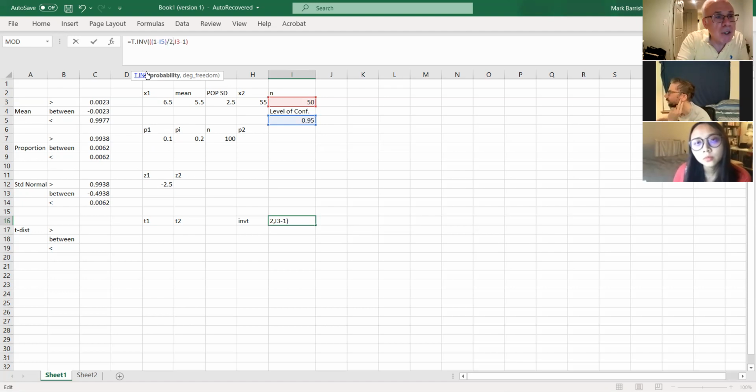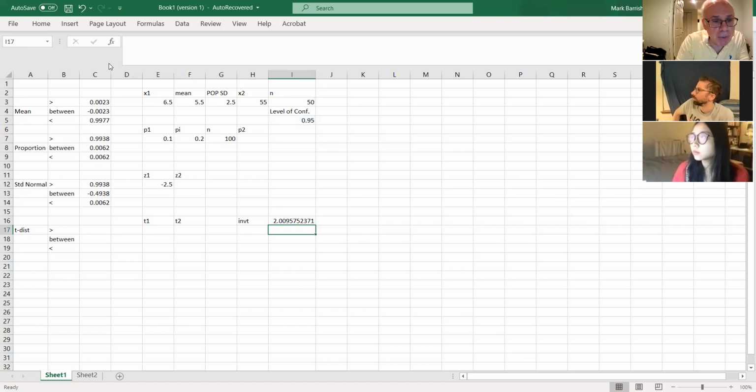Making a mess of this. And I should just put in 1 minus that, right? There it is. 1 minus that. See if that comes out right. Okay, that's right, right? 1 minus this thing, which gives me the area to the left.